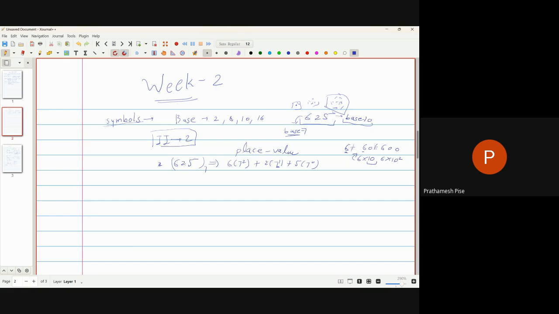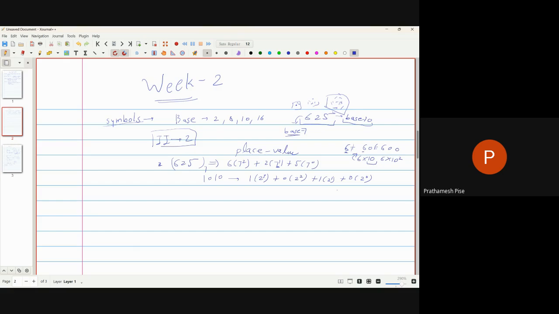The value of that place, the value by which we measure that place, is the base. If it is base 10, this will become 10 square, 10 raised to power 1 and 10 to the power 0. In binary, again 1010, it is 1 into 2 cube plus 0 into 2 square plus 1 into 2 plus 0. So you get what base is.